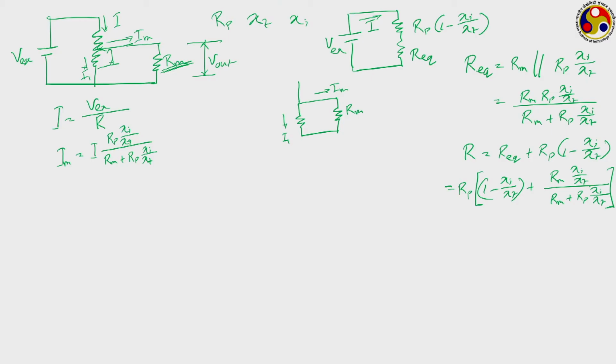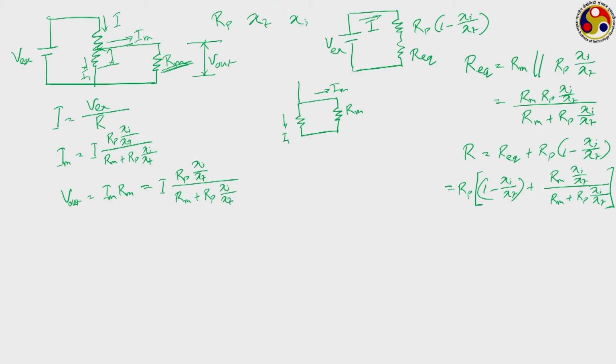And now, how much will be the output voltage then? The V out should be equal to Im into Rm. So, let us put all the expressions into this. So, putting Im, we have I into Rp into Xi upon Xt divided by Rm plus Rp into Xi upon Xt.